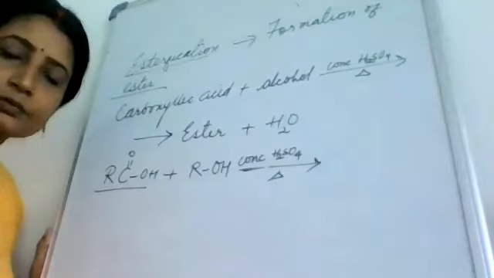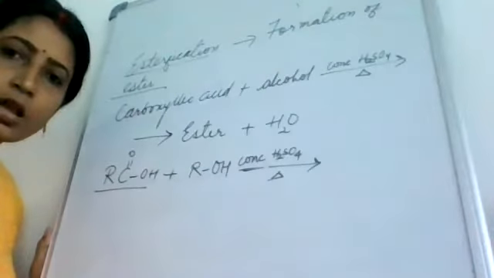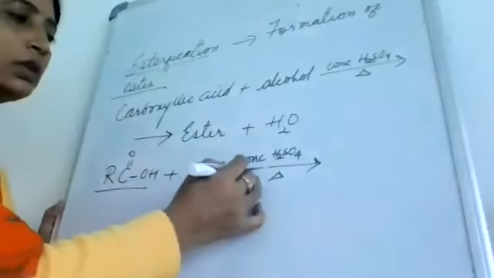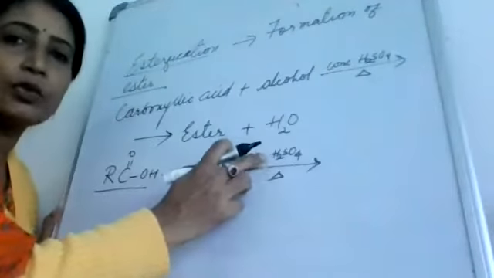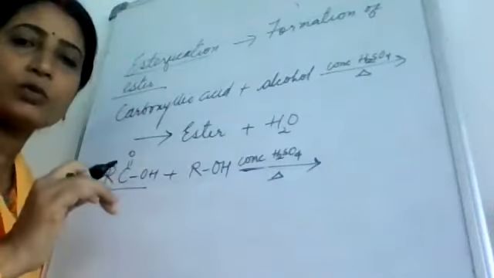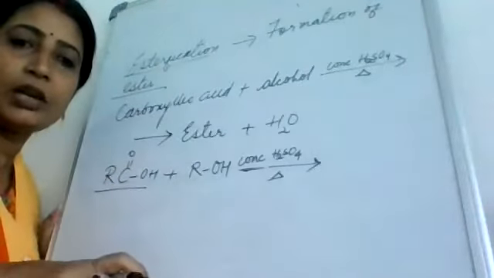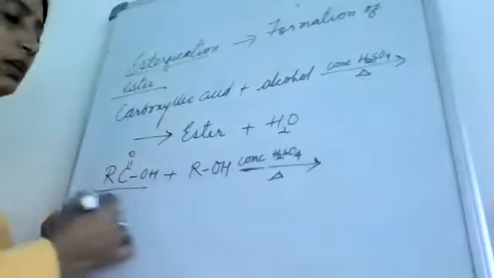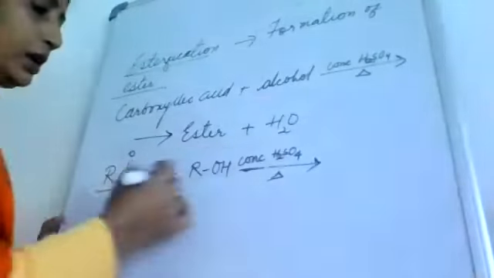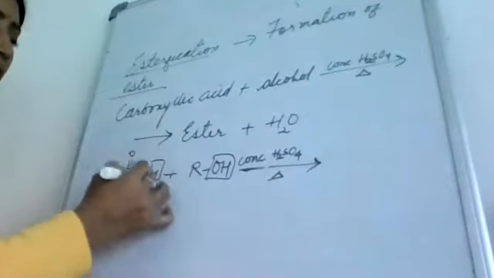Okay, class? Yes, ma'am. So this conc H2SO4 is only going to act as a dehydrating agent. So what ultimately are you going to get? This OH and this H will be removed.